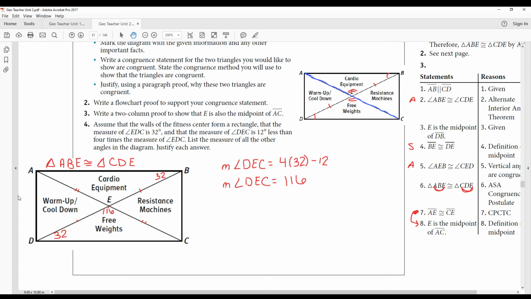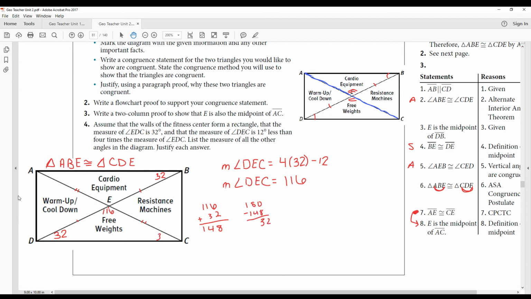Now I'm going to be able to say 116 plus 32. Add those two together, that's 148. Now, that's the sum of two of the angles of the triangle. How many degrees are in a triangle? 180. So take away 148, and what are you left with? 32.